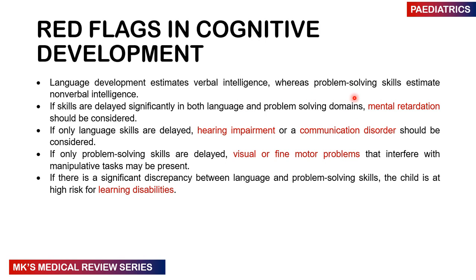So mental retardation should be considered. If only the language skills are delayed, then hearing impairment or communication disorder should be considered. If only the problem solving skills are delayed, then visual or even fine motor problems are going to be interfering with the ability of the child to manipulate certain tasks. Then if there's significant discrepancy between the language and the problem-solving skills, then the child is at risk of a learning disability.